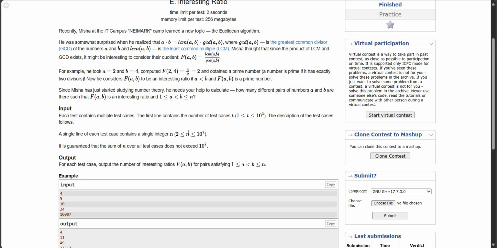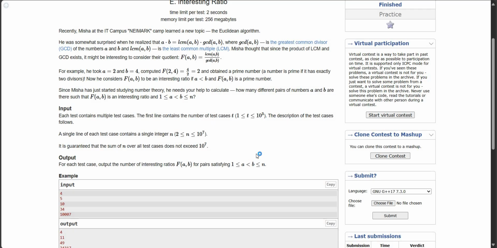Instead, what we can do is think about it with the perspective of the prime numbers. Think about it not in the perspective of the pair, but with the perspective of the prime number itself. Why am I saying that?